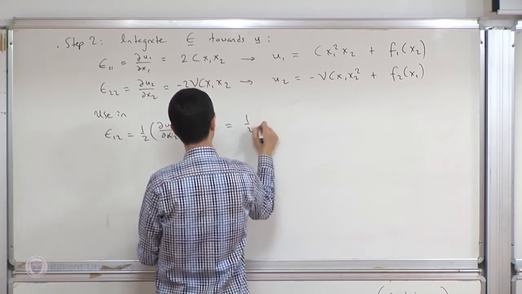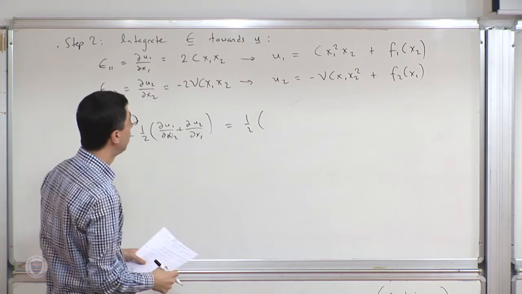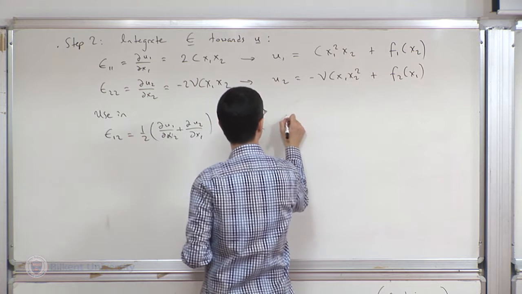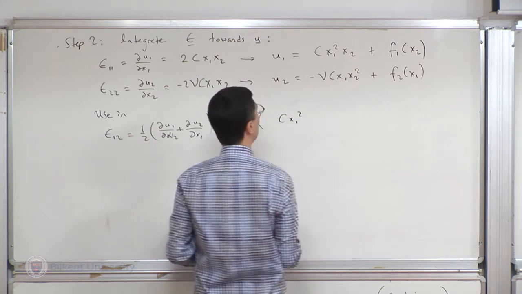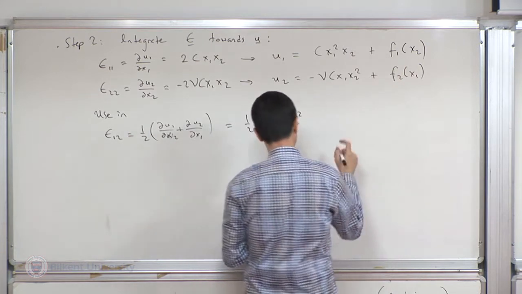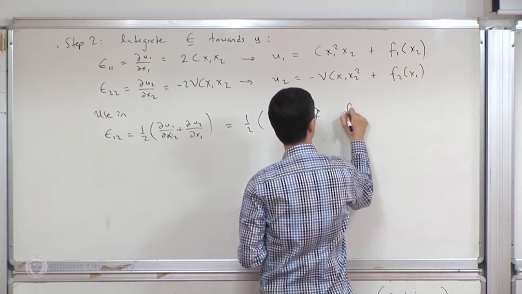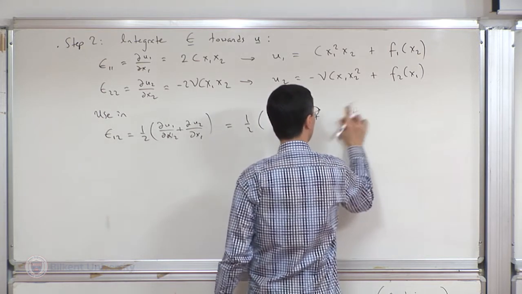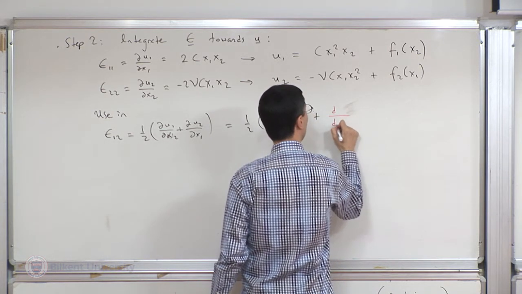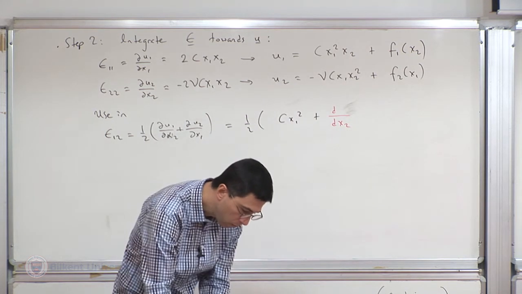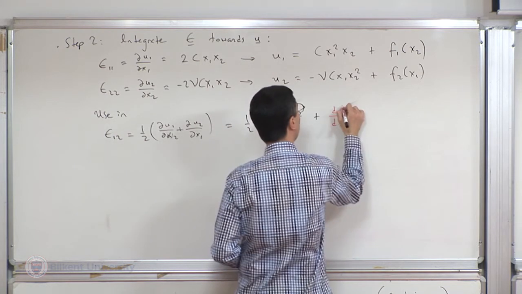That's equal to 1/2 of u1,2, x1 squared, c x1 squared, plus del f1 del x2. In fact, instead of del, just to highlight, I want to highlight here that f1 is a function of x2 only.